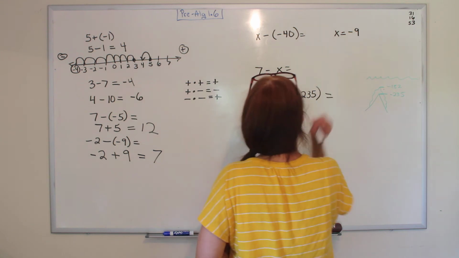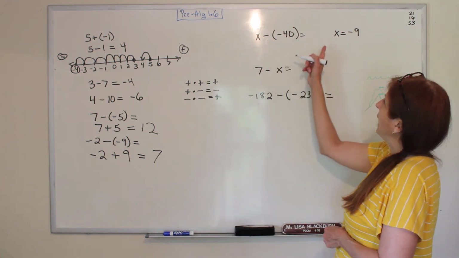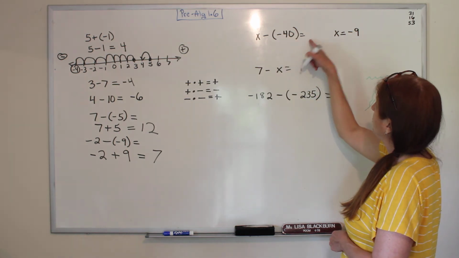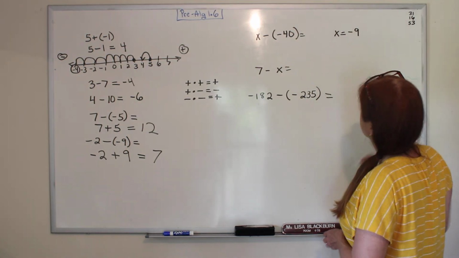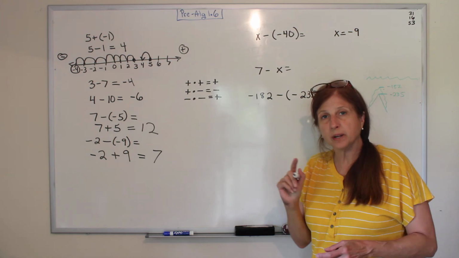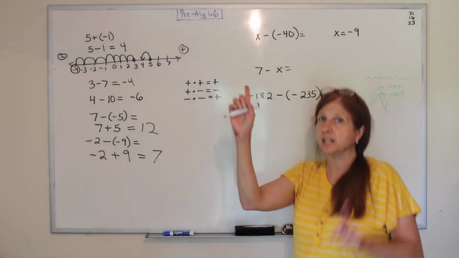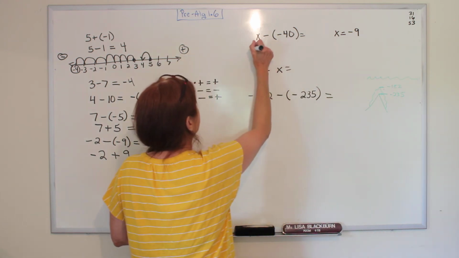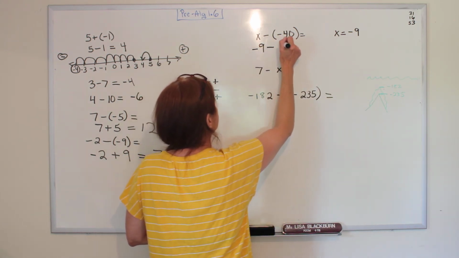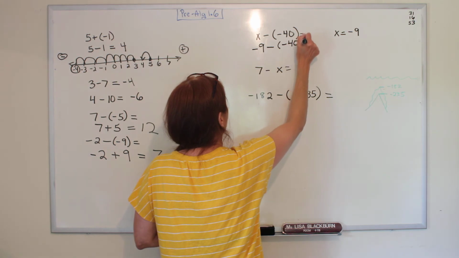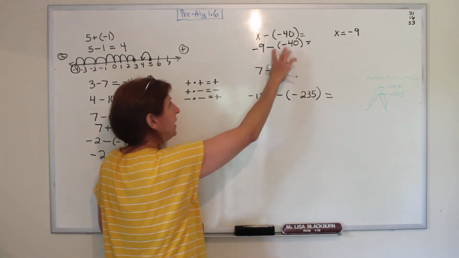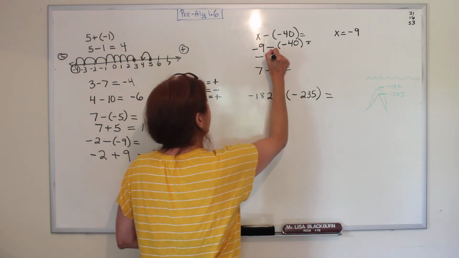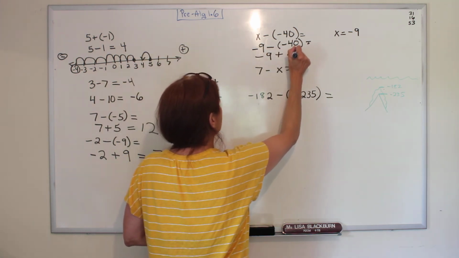Let's look at this one. Here's another problem. Here they tell us x minus negative 40 equals, and they tell us that x equals negative 9. So we need to sing the song, substitute. I think this is the official dance for that. And so I'm going to put negative 9 minus negative 40, and I have two negatives and they make a positive, so I'm going to change this to negative 9 plus 40.